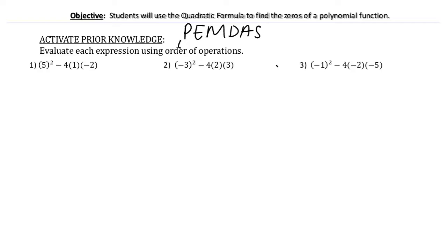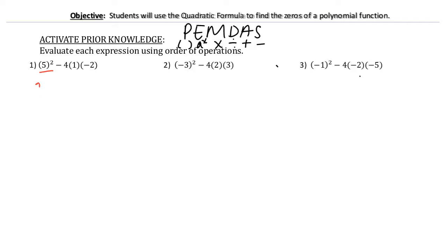First you want to do anything inside the parentheses, then anything in the exponent, and then you multiply, divide, add, and subtract in that order, okay? So you do parentheses and exponents, and then any multiplication and division, and any addition and subtraction goes at the end, okay?